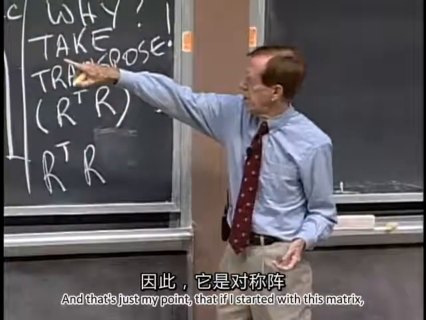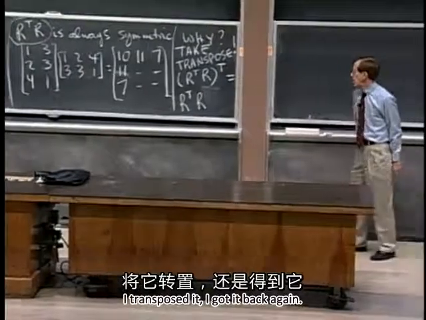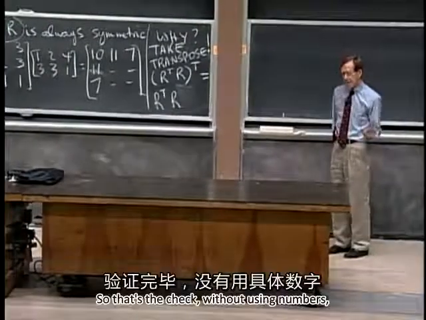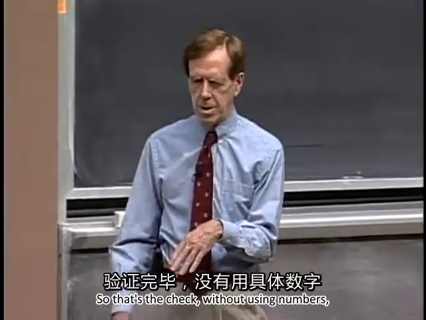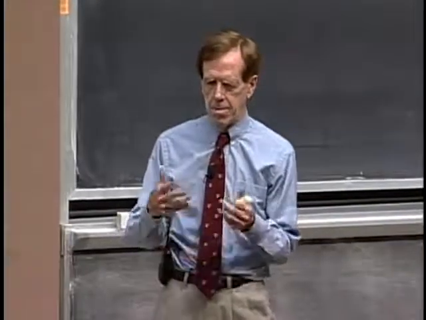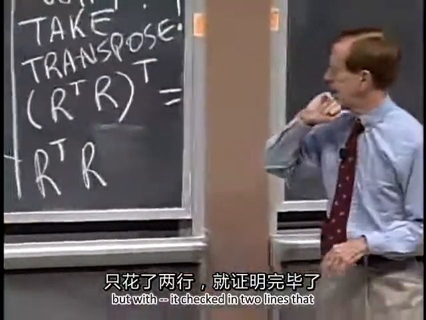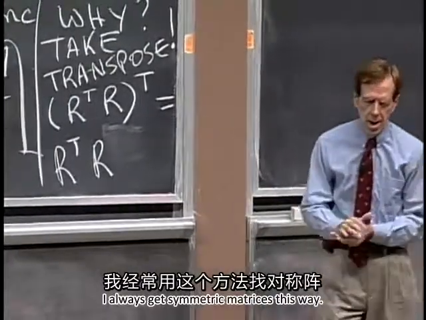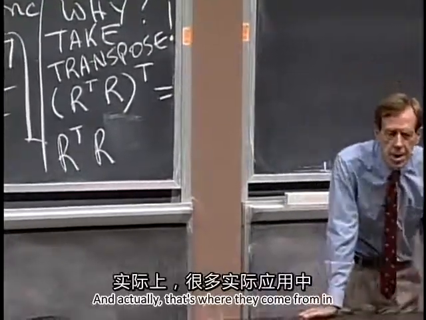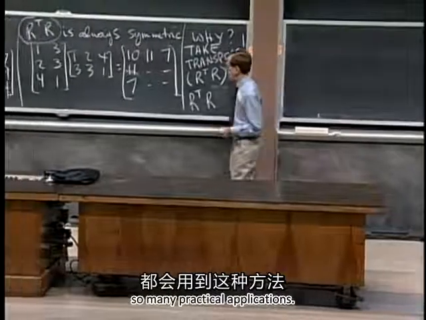If I started with this matrix, I transposed it, I got it back again. So that's the check without using numbers, but with it checked in 2 lines that I always get symmetric matrices this way. And actually, that's where they come from in so many practical applications. Okay.